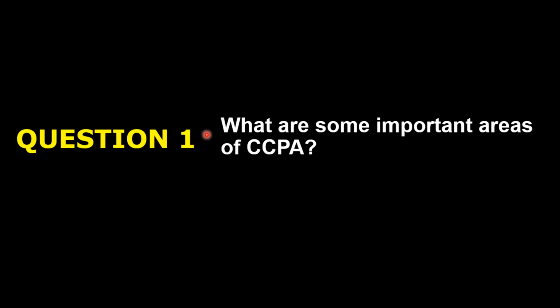So let's start. The interviewer may be interested to know your level of knowledge about the important areas of CCPA. So the question might be, what are some important areas of CCPA? Listen carefully to my response. You will say that the California Consumer Privacy Act prescribes certain areas for organizations and institutions to comply with, which includes the privacy rights of individuals, employees and citizens.